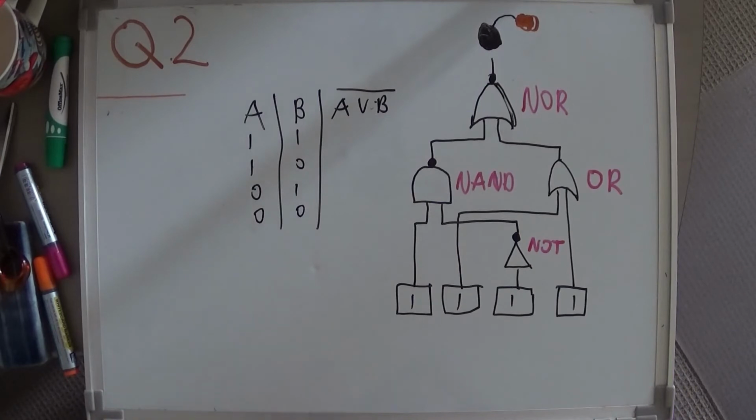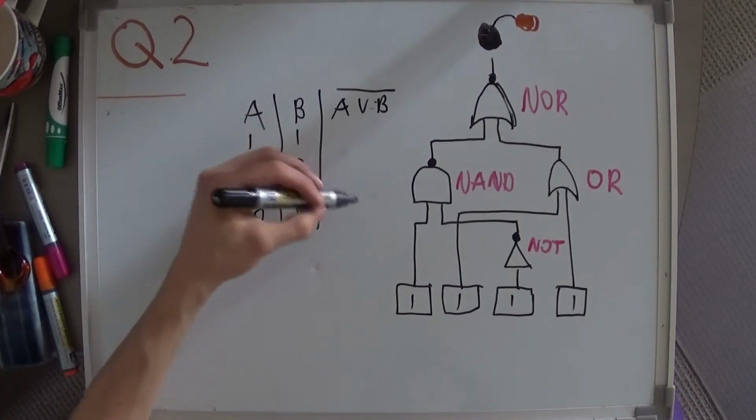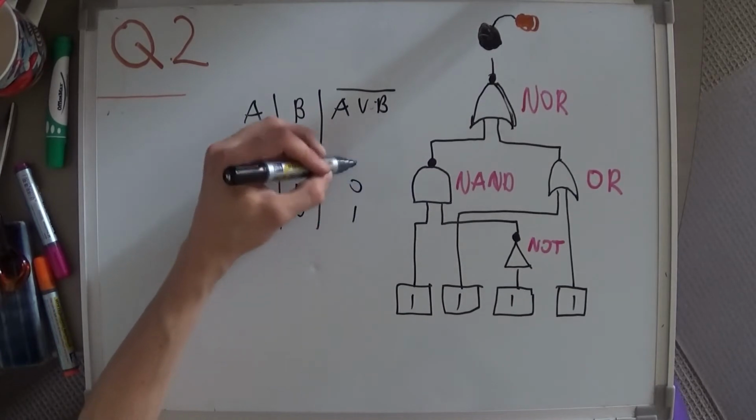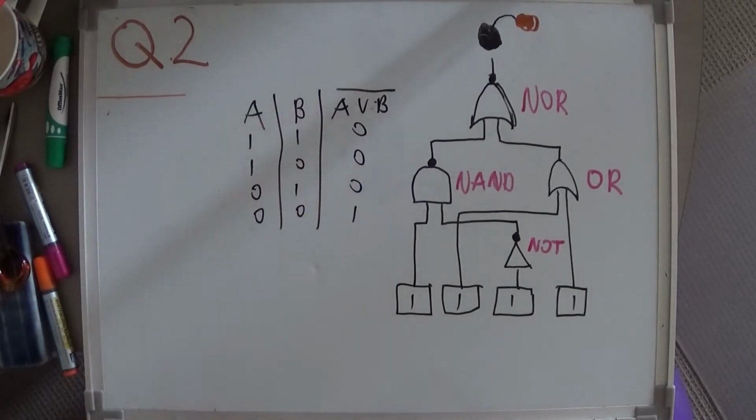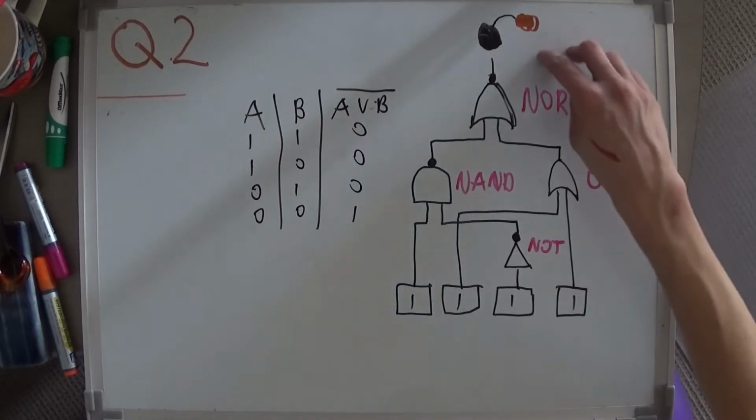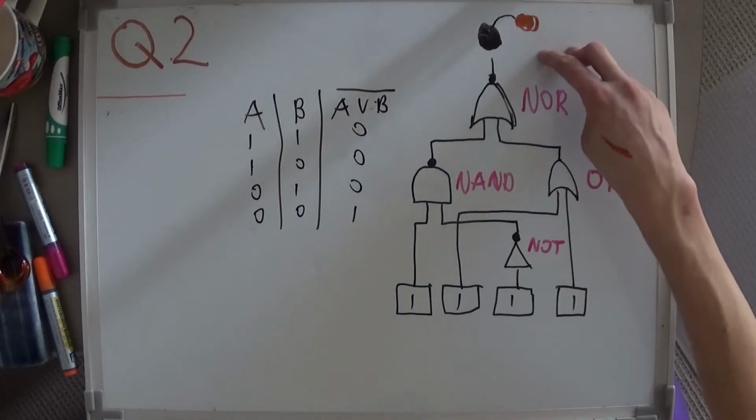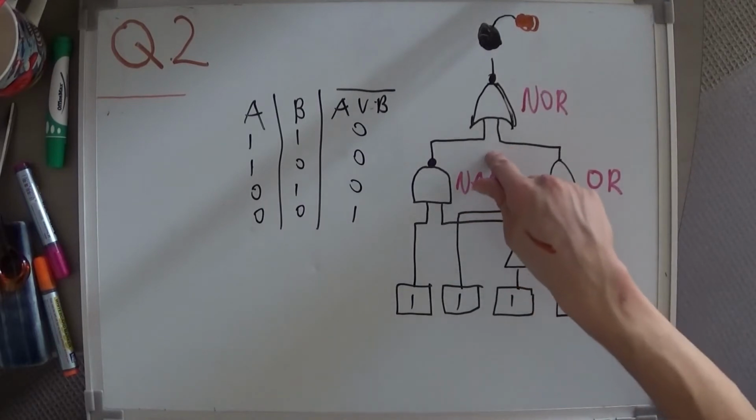So it's an OR gate with a NOT on the output. So this is going to look something like 1, 0, 0, and 0. Okay, so in order for our bomb to go off, both inputs to the NOR gate need to be 0.